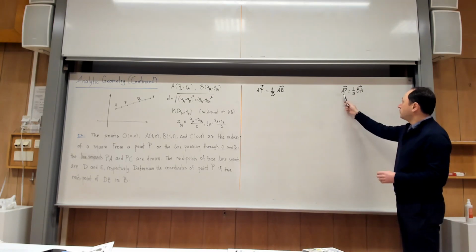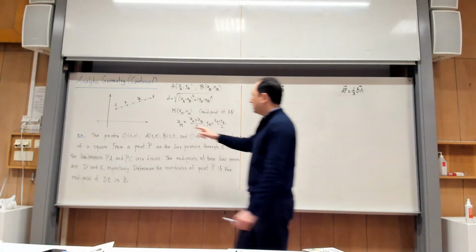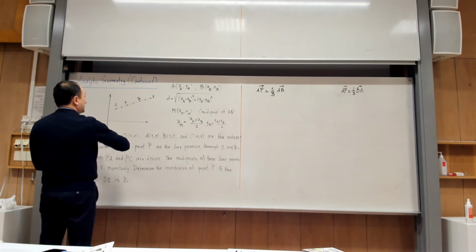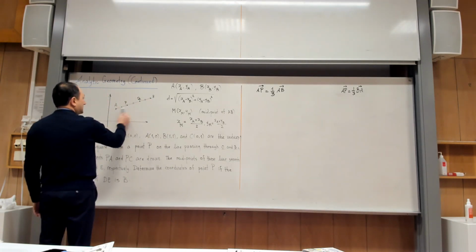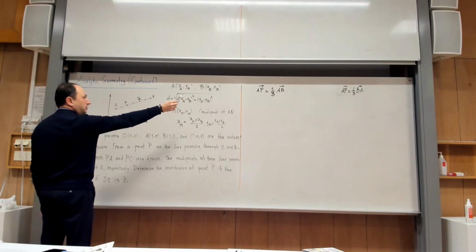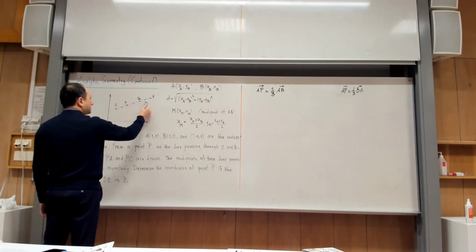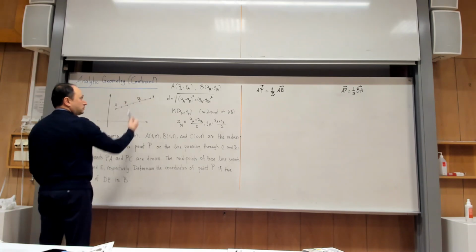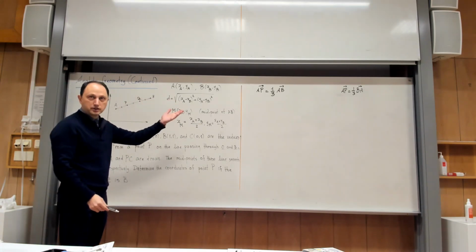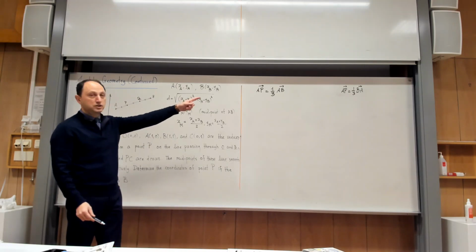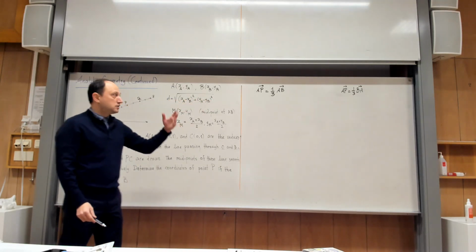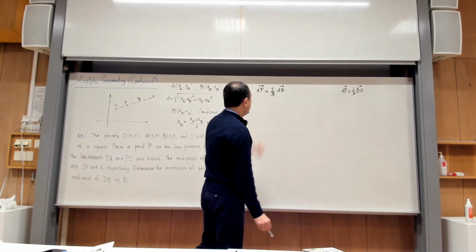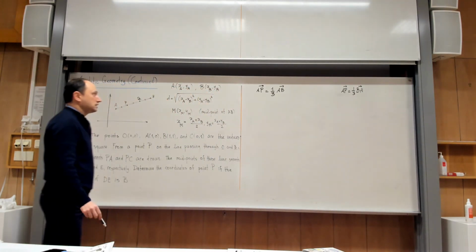If I ask you what is the direction of AP, it is clear it goes from A to P, so the tip of the arrow should be here. And AB is from here, the tip of the arrow should be there. They point in the same direction, and 1/3 is positive, so this is the correct equation, not the second one. So what he is saying is that AP is this vector.